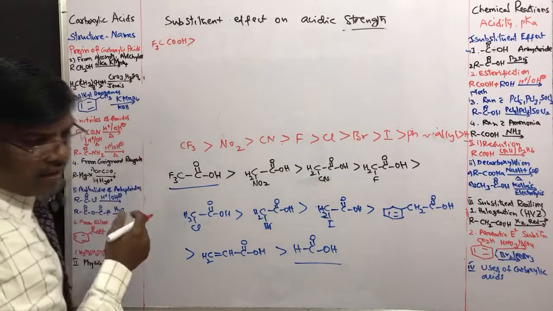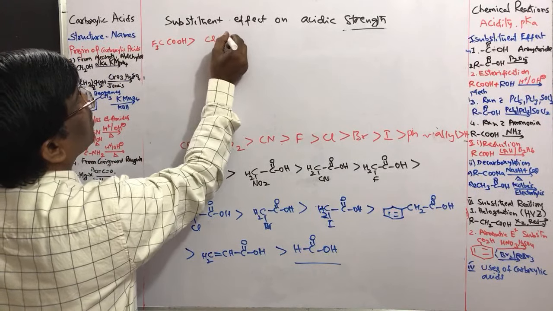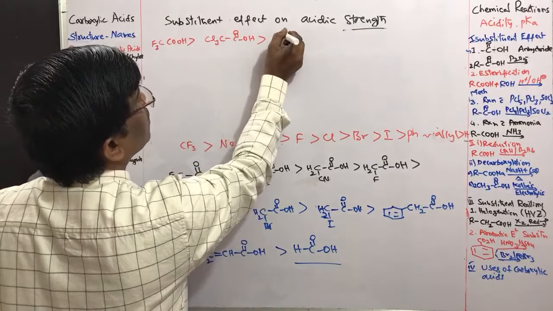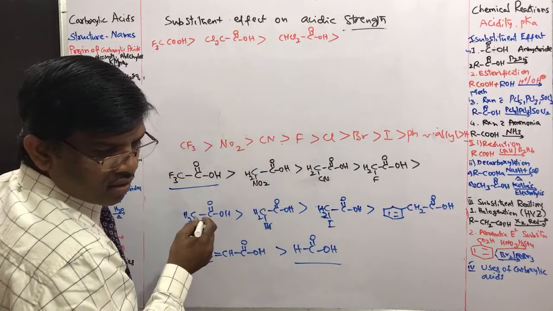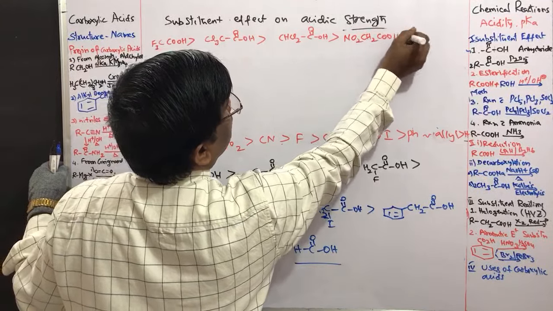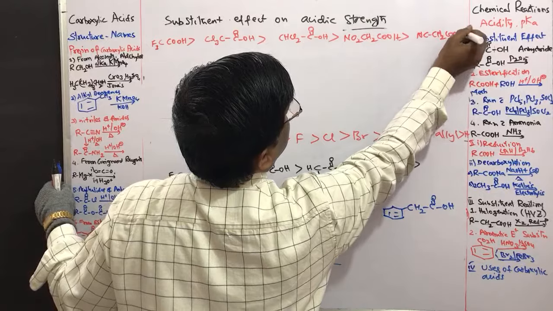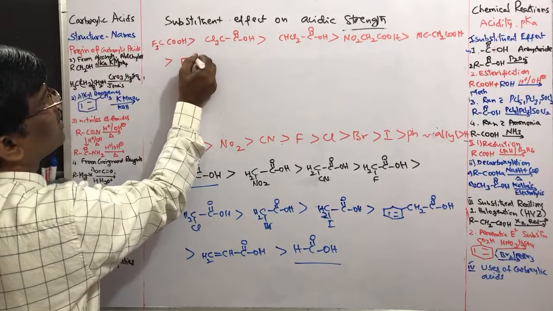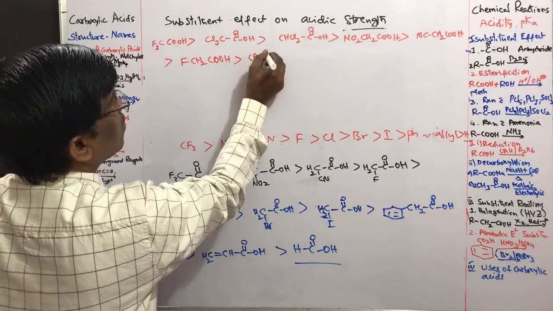Trifluoroacetic acid, followed by trichloroacetic acid, followed by CHCl2 acid, followed by nitroacetic acid, same thing, followed by cyanoacetic acid, followed by fluoroacetic acid, followed by chloroacetic acid.